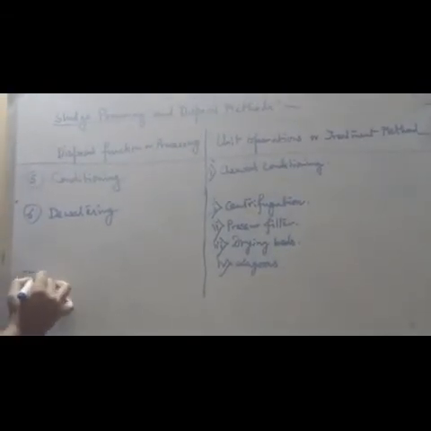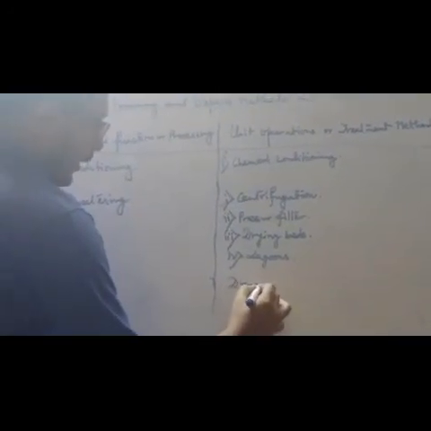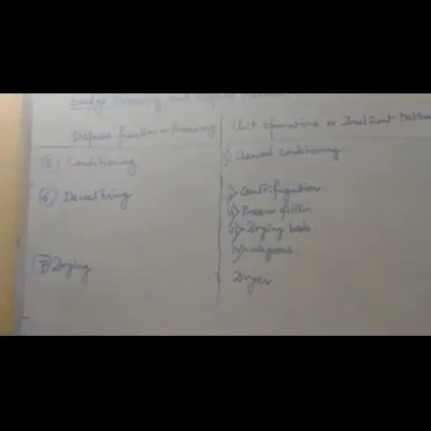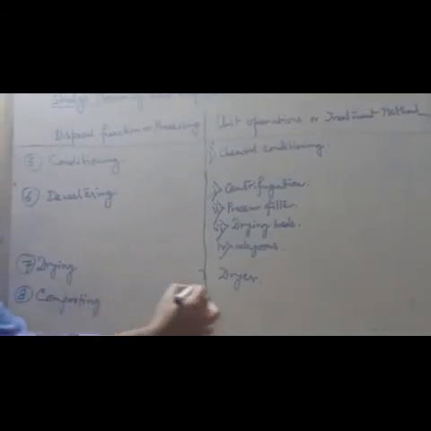The next sludge operation is drying, which is done by a sludge dryer. And the next is composting of the sludge. All these things I will discuss elaborately in my next video.